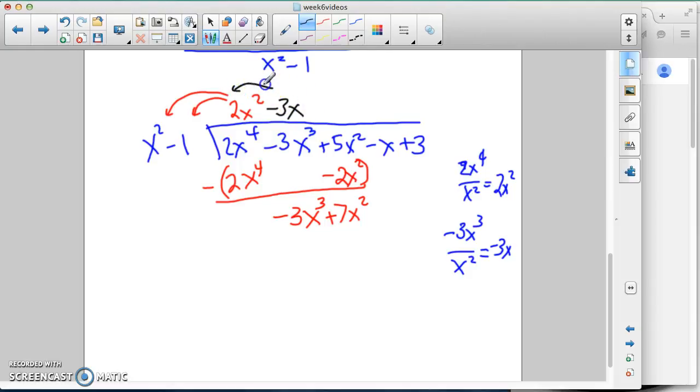Distribute the negative 3x. We're going to get negative 3x cubed. And then negative 3x times negative 1 is just going to be positive 3x. Now we can't put it here because that's an x squared, so we need to put it over here, and we actually should have brought down this other term.